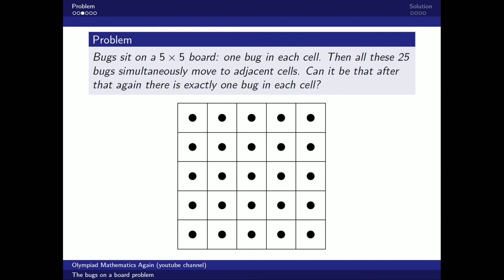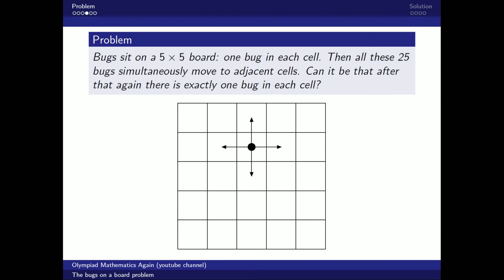Then each bug moves, and it can move only to one of the 4 adjacent cells. So for each bug there are only 4 options to move. Of course, for the bugs on the edge of the board or in the corners, there are fewer options.